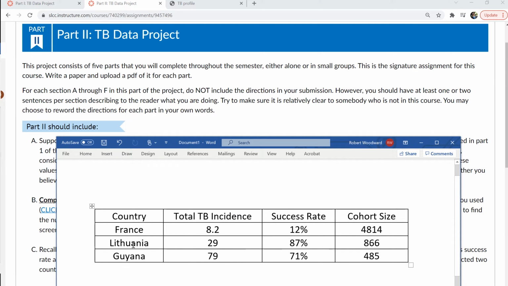If I select Lithuania and Guyana as my 2 countries, their cohort sizes would be 866 and 485 respectively. So that means for the sample size for Lithuania, I will use 866, and for Guyana, I will use 485. Their success rates, 87% and 71%, I should use in order to verify that there are enough successes and failures.